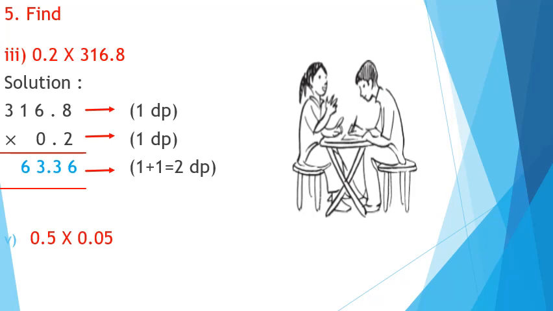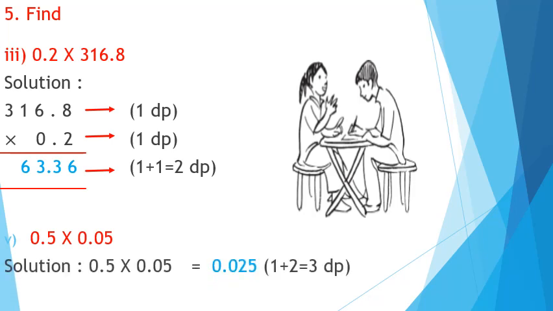So in the product, 1 plus 2 equal to a total of 3 decimal places will come. Our answer is 25.